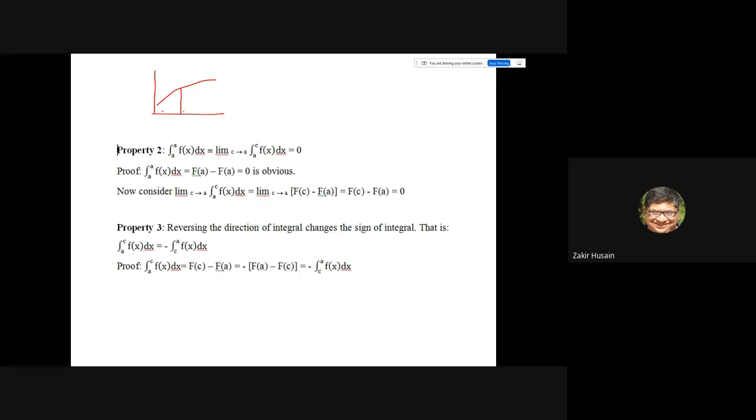Now we are just taking one point. So the integral will be from A to A. We can write this as we have another point C, but C approaches A, and we take the limiting case when C is equal to A.